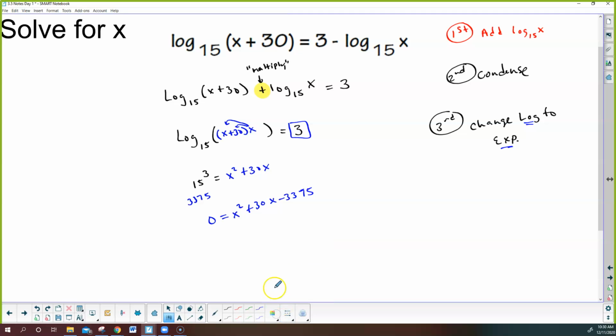And then comes the fun part. You have a couple of options. It's a quadratic. You could use the quadratic formula. That will work every single time. Or this one actually is factorable. And you do not have to draw the box for this one. And I don't want to spend a ton of time trying to find the factors, so I'm just going to actually give them to you.